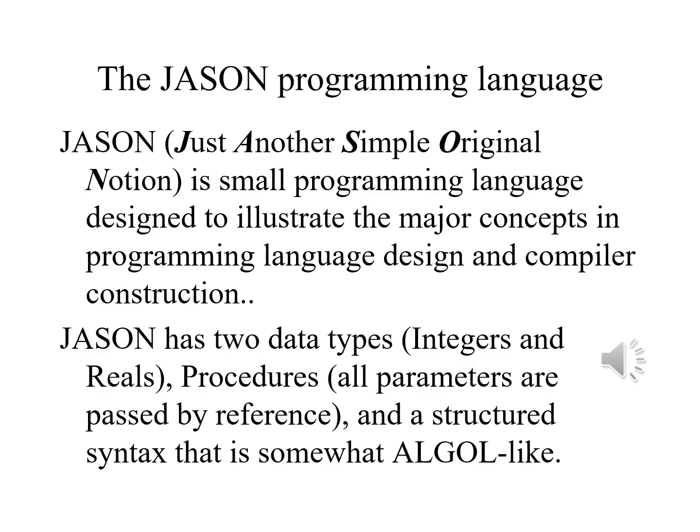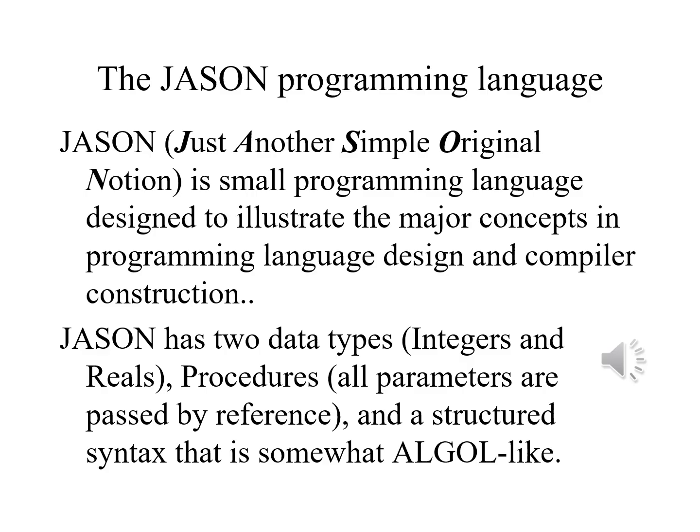JSON has two data types, integers and reals, and it has procedures that pass values by reference. So procedures can pass back values to the procedure or main program that called it.